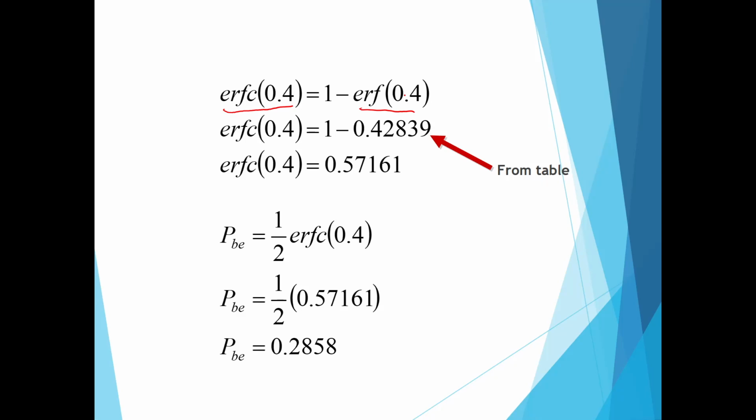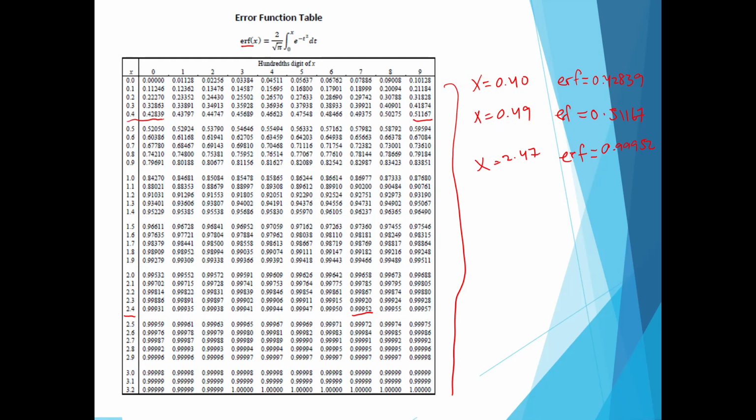So you have two options. Either you refer to the ERF table or you refer to the ERFC table. If you refer to the first table, the error function table, ERF 0.40 produces 0.42839.